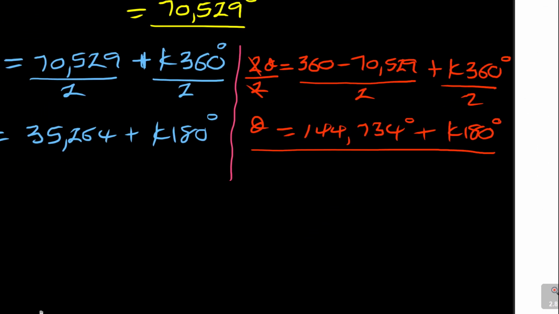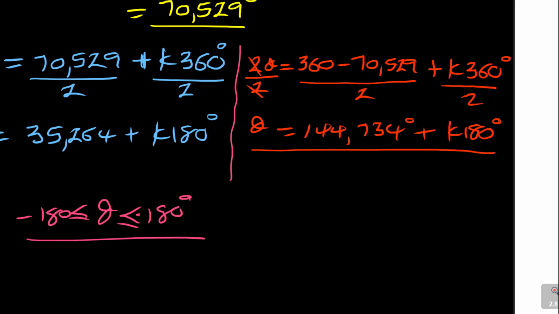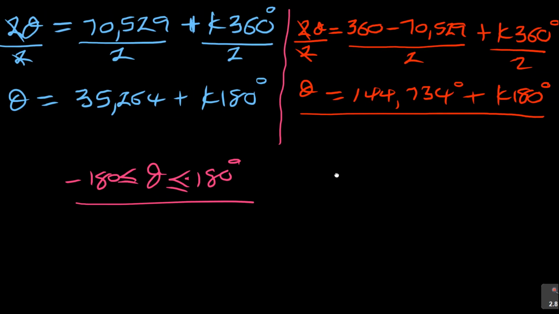So we've got theta values as negative 180 is less than or equal to theta is less than or equal to 180. If you have got that, these are the values of theta, you can do it now. Let's start with K being 0. I'm going to be listing the answers now.